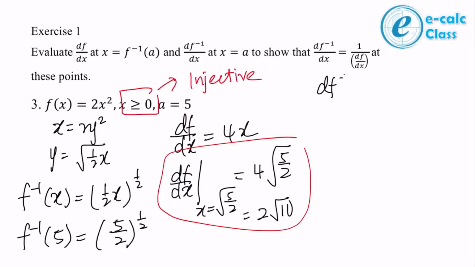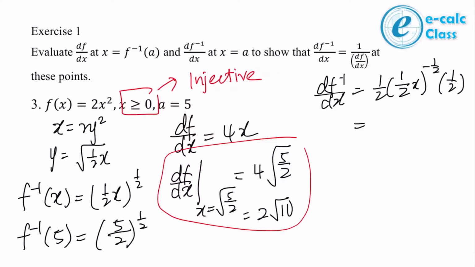Next, we differentiate the inverse function. We differentiate this one, bring down the power minus 1. Wait, sorry. Okay, copied the wrong thing. Power minus 1. Differentiate the inside function.